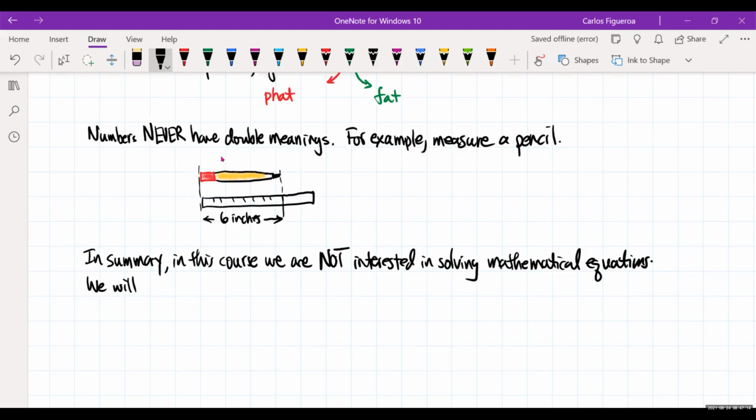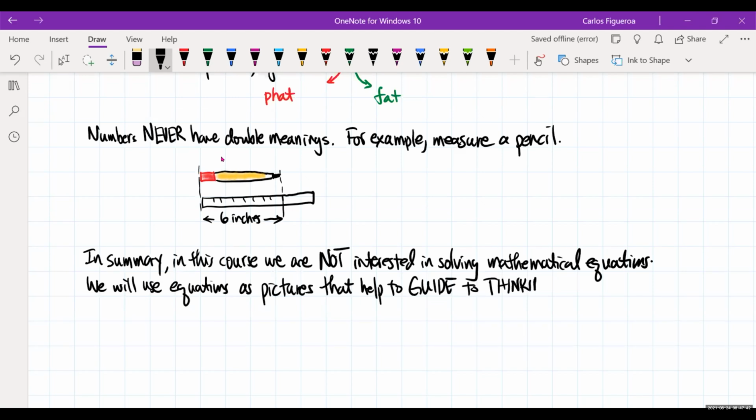We will use equations as pictures that help to guide us to thinking physics. All of the equations that we will write are just pictures that we're going to use.